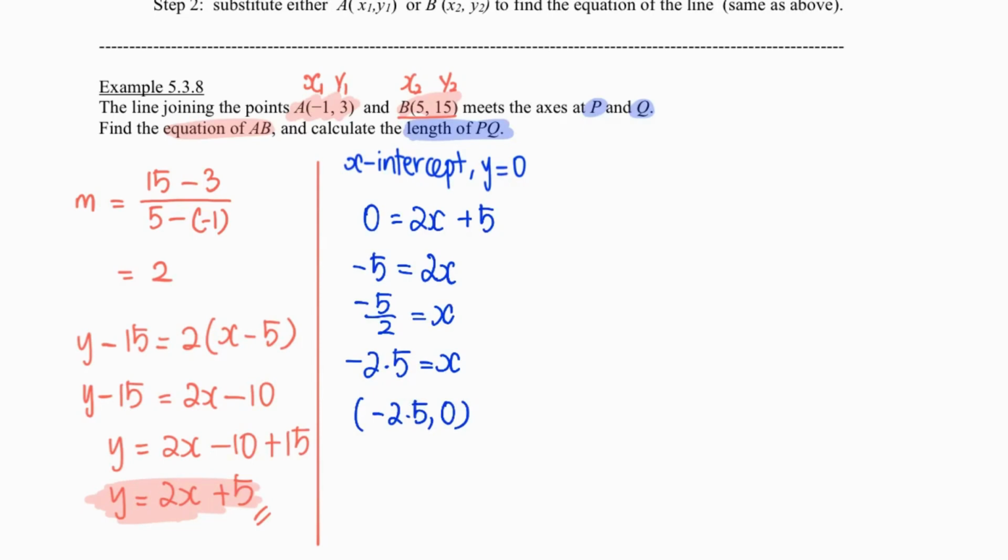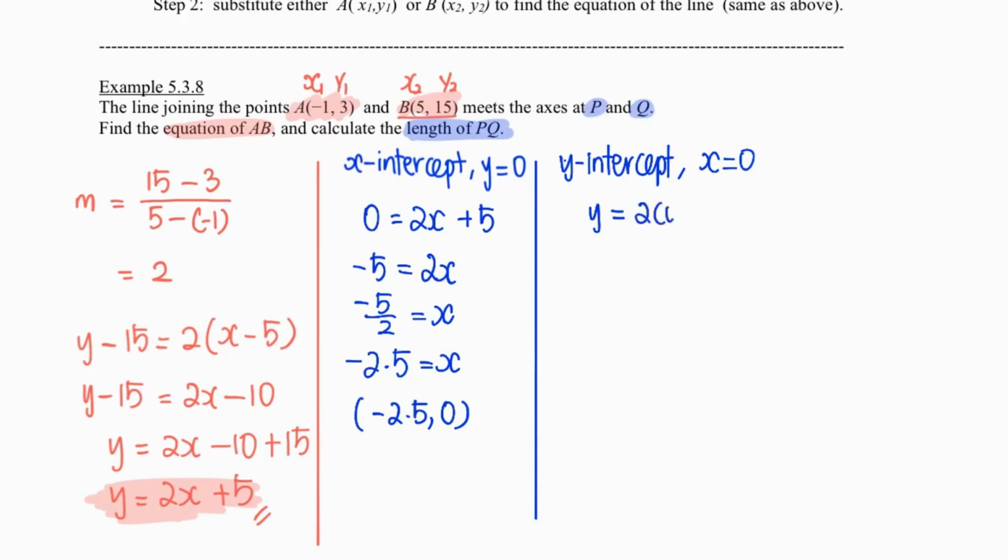And for the other point, for the y-intercept, the x value is 0, so I'm going to substitute into the equation again to find the y value of the y-intercept. Actually, I don't even need to do this step because the y-intercept is 5.